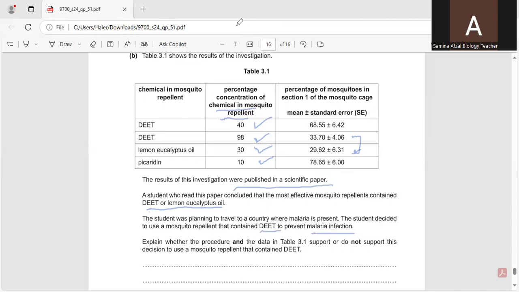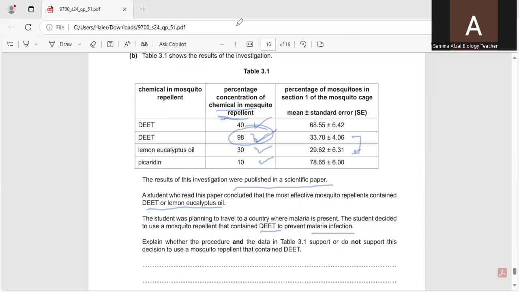So first of all, I will explain this question and then I will write it in the given space. You can see from the table that it is 98%. It means it is highly effective as it contains 98% chemical which repels the mosquitoes. So this mosquito repellent is highly effective.